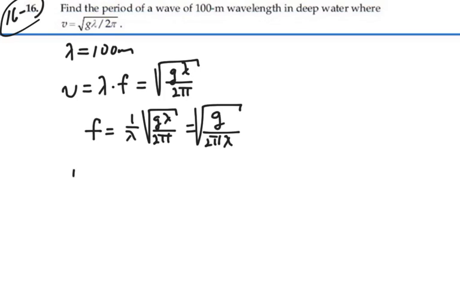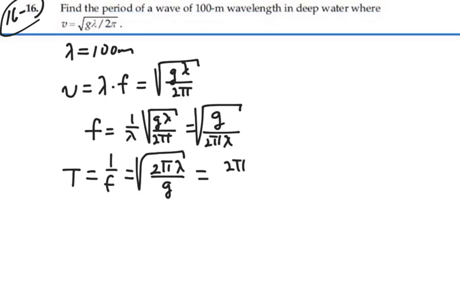Alright, the period is 1 over the frequency, so if I take 1 over this square root, I'm actually going to get the square root of 2 pi lambda divided by g. So that would be the period of this wave.